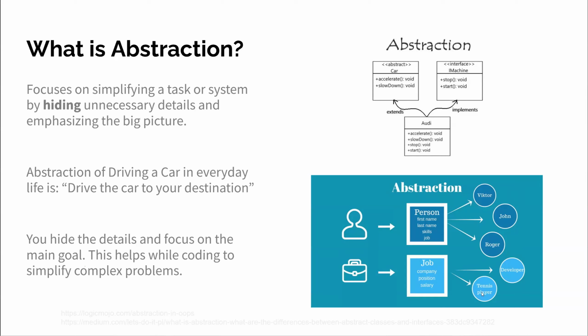We have different jobs also. So we abstract that by having person, and we add the first name, the last name, skills, and job. Also for the job type, instead of names of jobs, we define company, position, salary, and we can later on allow the user to add their job, for instance, their name. So you shift from the details to the big picture.